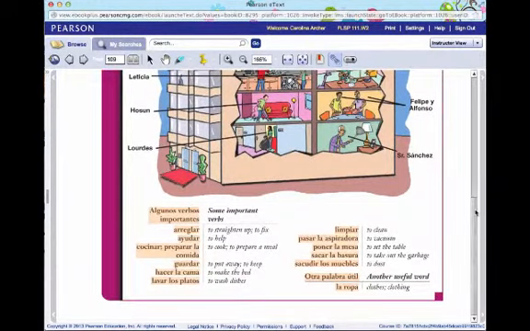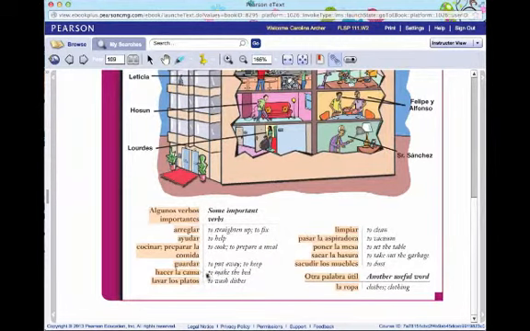Cocinar or preparar la comida, to cook or to prepare a meal. Cocinar and preparar are both regular verbs. And so far, all these four are verbs that end in AR, so you know how to conjugate them. Guardar is to put away or to keep, and it's also regular.